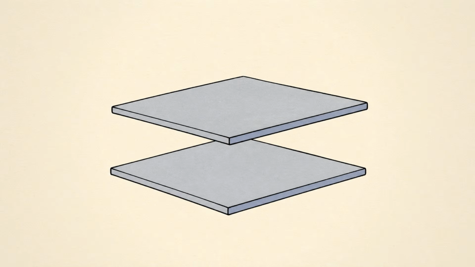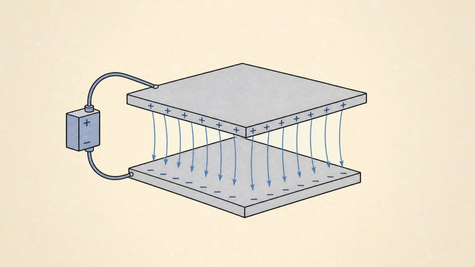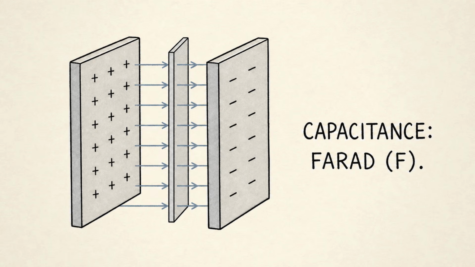A capacitor is a component that stores electrical energy in an electric field. It has two conducting plates separated by an insulating material. When voltage is applied, charge builds up on the plates. That stored energy can be released back into the circuit. The unit of capacitance is the farad, written as F. The farad is named after Michael Faraday.